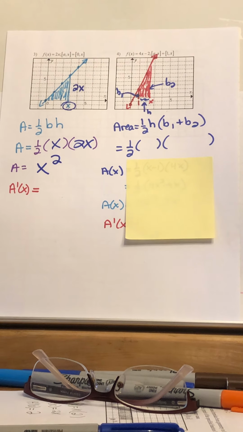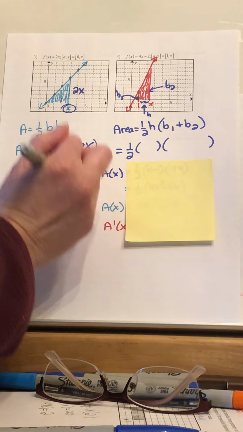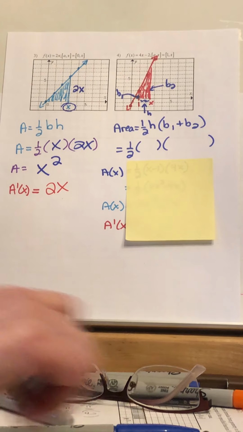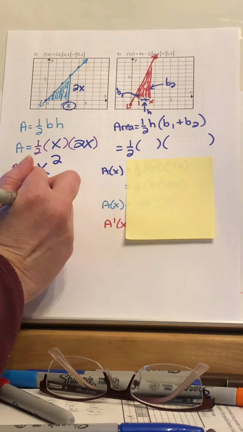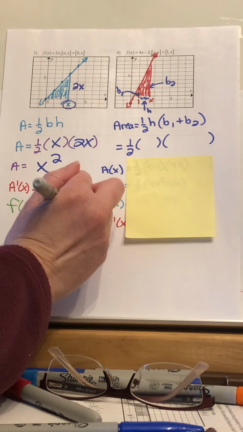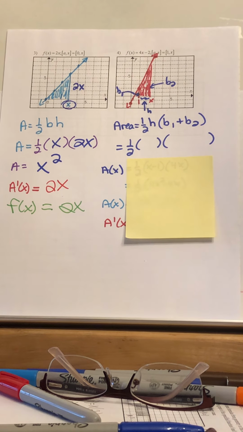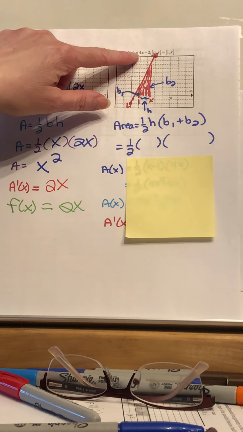And guess what we're going to do next? We're going to take the derivative, and voila, we should get back, I know you're guessing it, you're just waiting for me to say I'm getting f of x, the same thing as the derivative of the area.